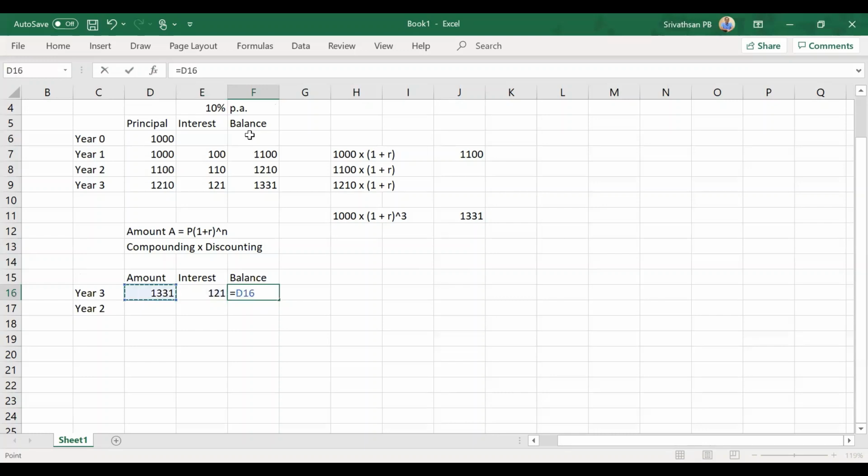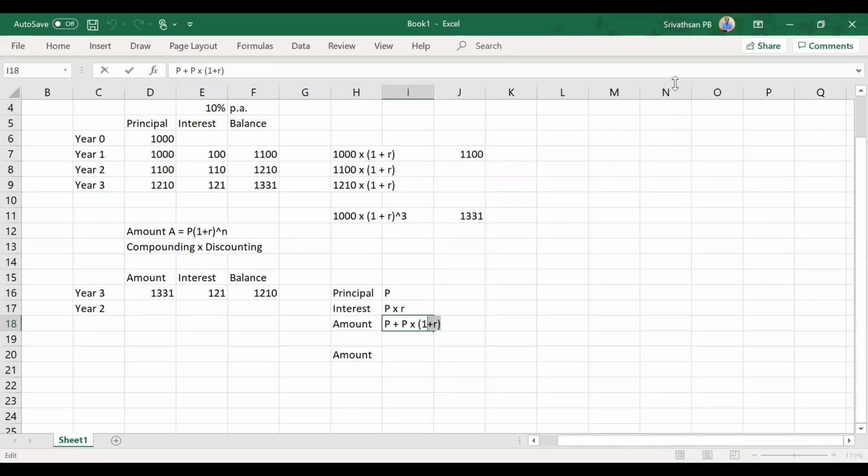So the balance was 1331 minus 121, 1210. But how to get that 121? So 1331 was some principal, plus interest. Let's call the principal P, and the rate of interest is just R. We don't know the principal. This principal into rate gave us 121.